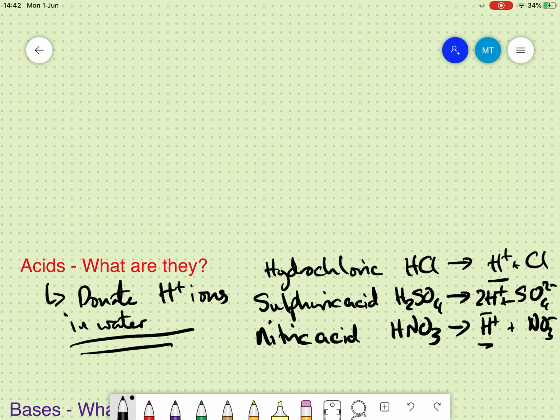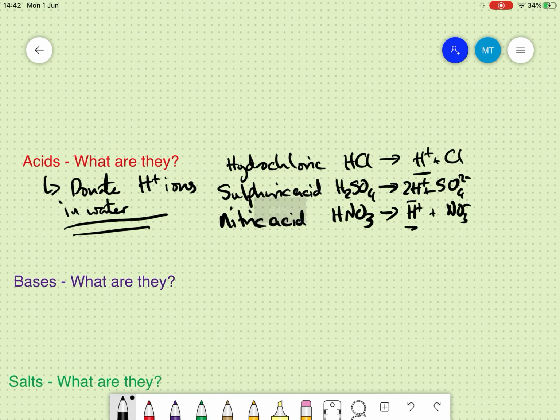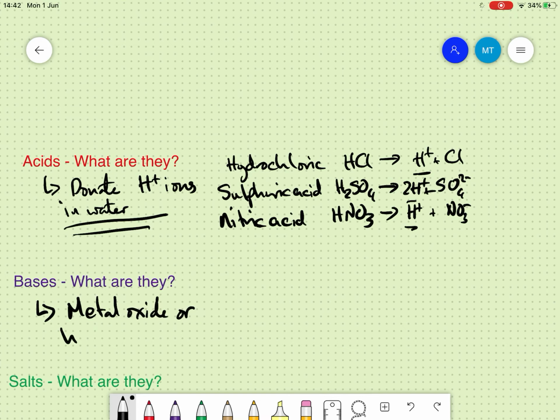Now, when you do acids, you often look at bases. So what is a base? A base is a metal oxide or hydroxide. And what they will do is accept H+ ions.